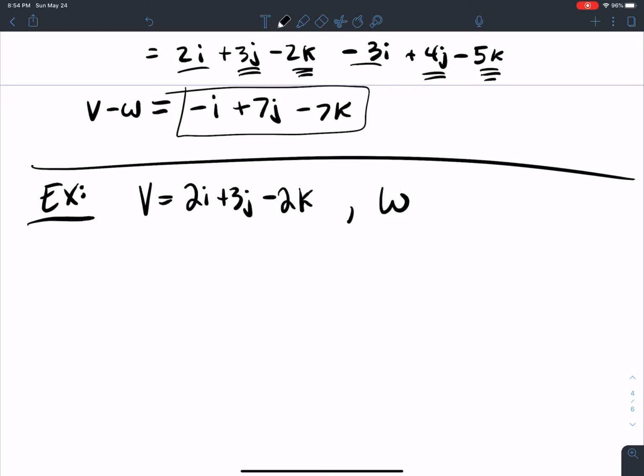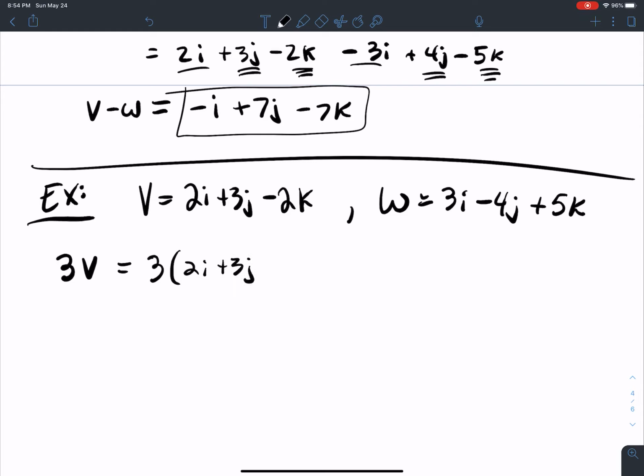And let's do a w equal this time, same thing, 3i minus 4j plus 5k. And I want to find 3v. So to get 3v, I multiply 3 times 2i plus 3j minus 2k. And I get 6i plus 9j minus 6k. Okay, distribute through just like you'd think.